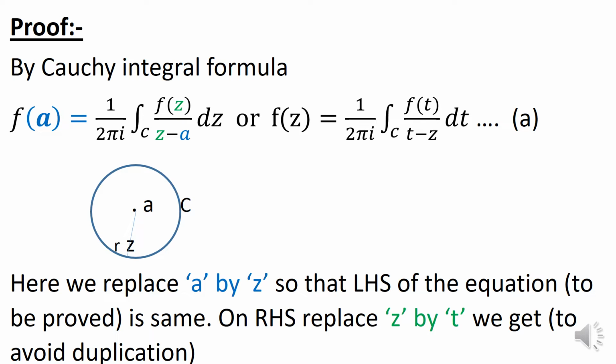So here f(a) is there, it means a will be replaced by z. But only z is there, so z you can write as t. So the same thing I have written, right? So this a is written as z, and this z is written as t.